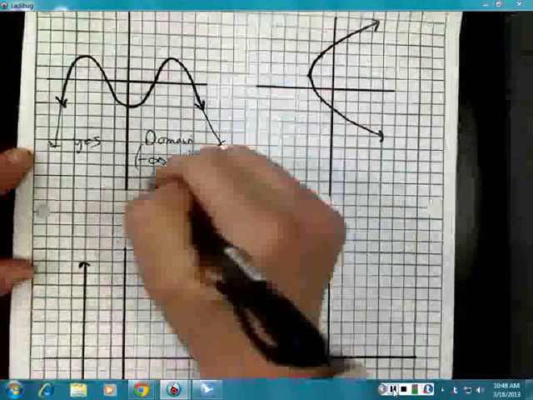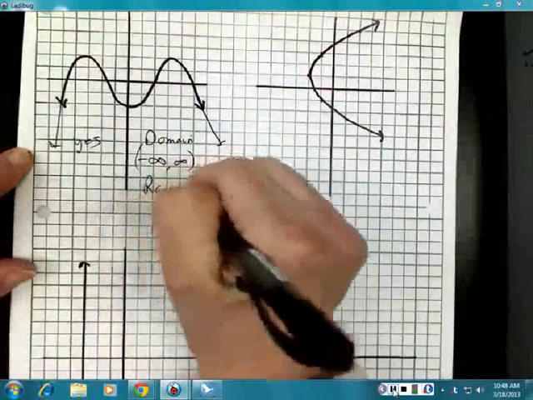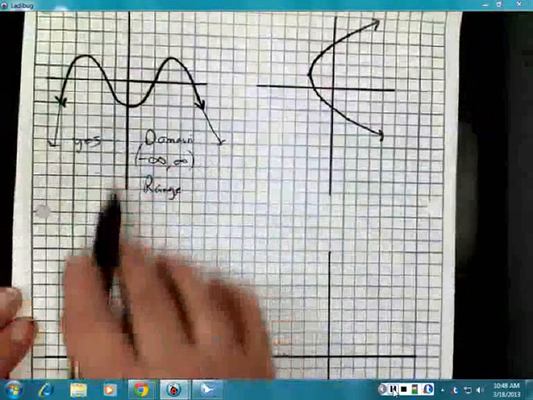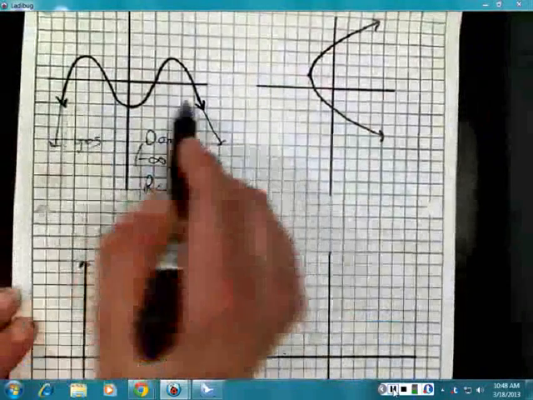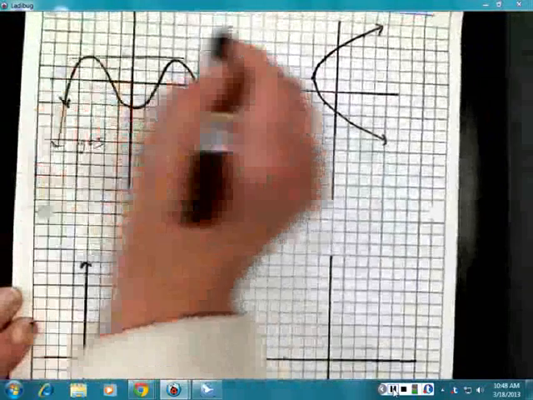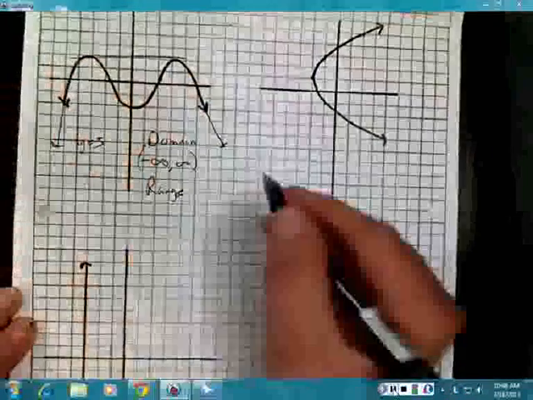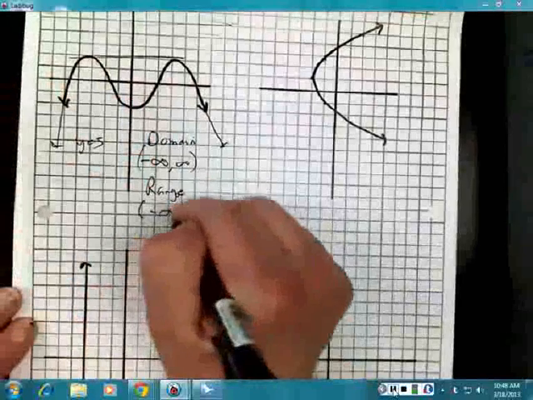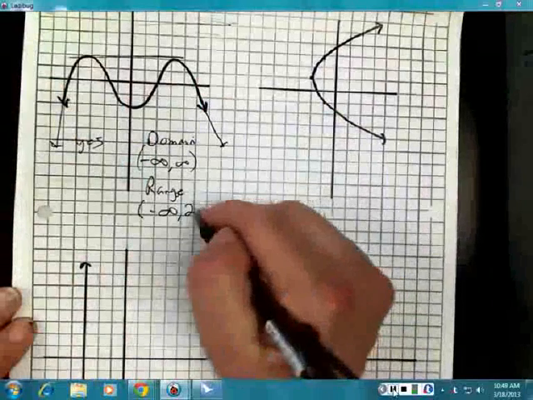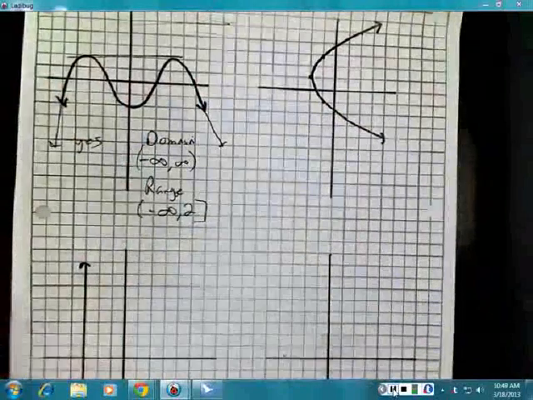What about its range? It's going to go this way out forever into negative infinity, but when I get way up here, I don't find anybody else in this area, do I? So my range is from negative infinity to 2. Brackets or parentheses? A bracket on the end, parenthesis in the beginning.